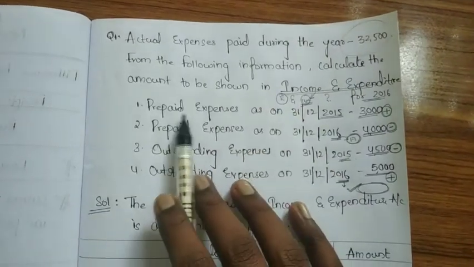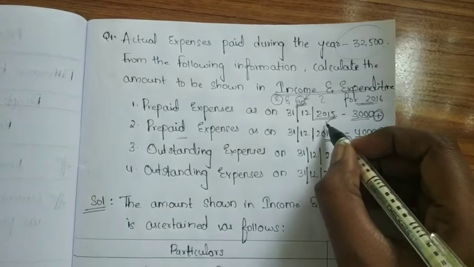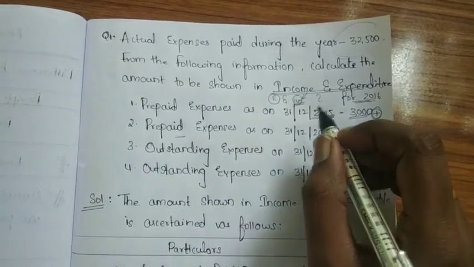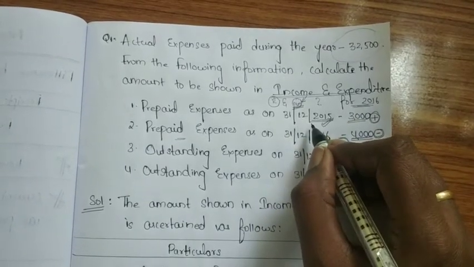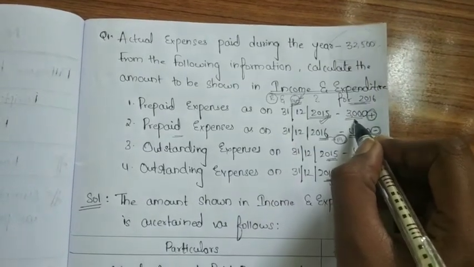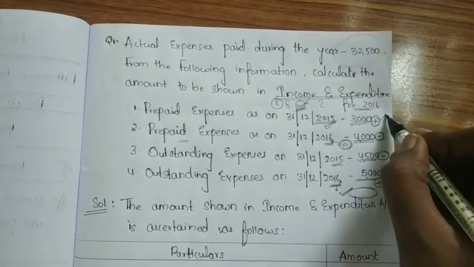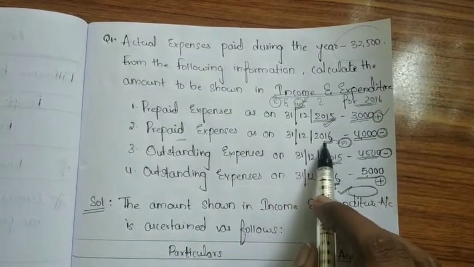See, the prepaid expenses as on 31/12/2015. We paid this expense in 2015, but we prepaid. That means for the expenditure in the year 2016, we paid in 2015. That means this 3,000 is the expenditure for the year 2016. So we have to consider this amount. And see the next one, prepaid expenses as on 31/12/2016.